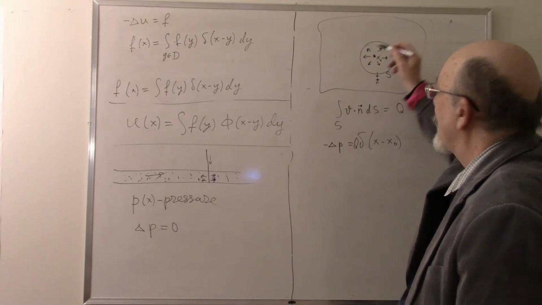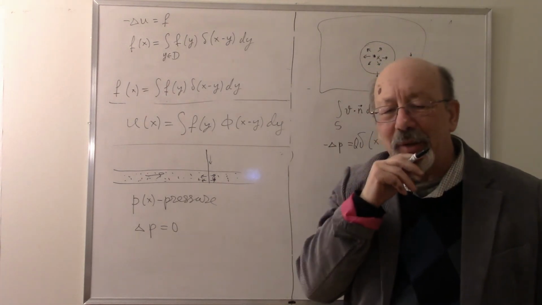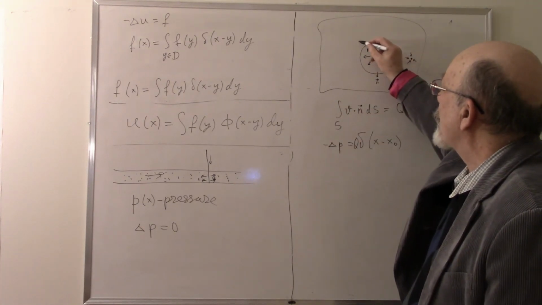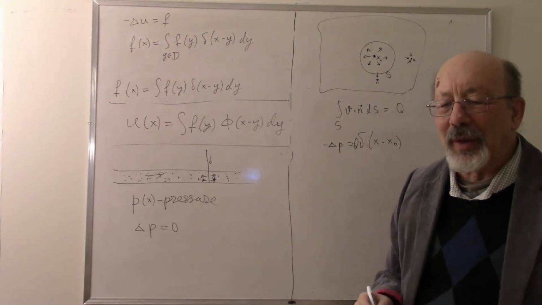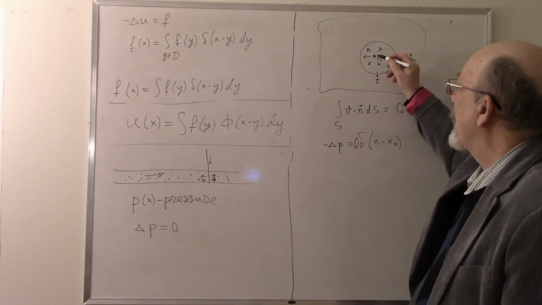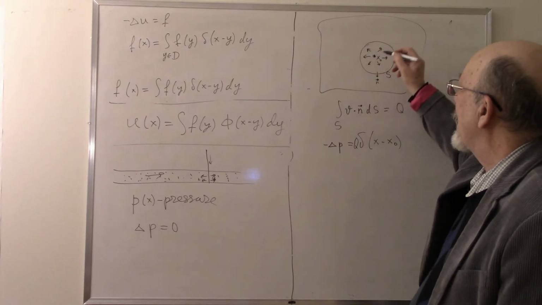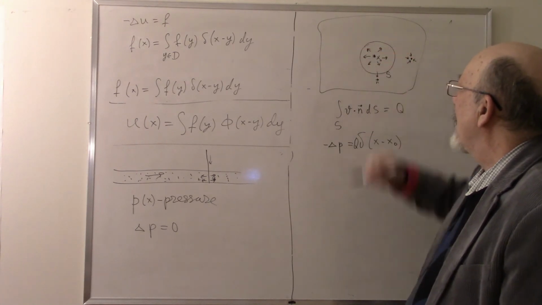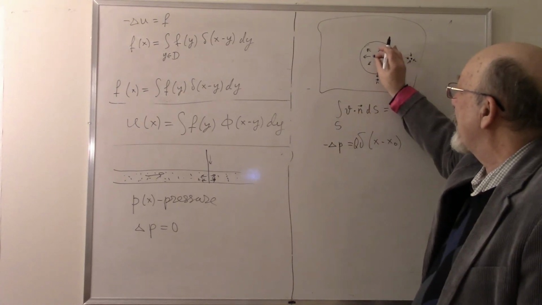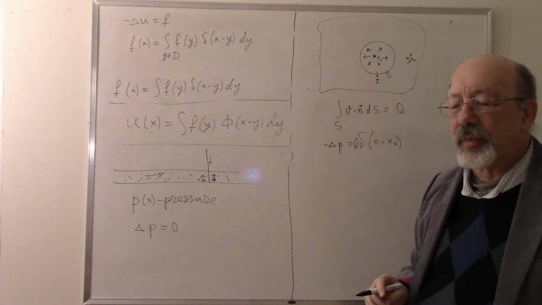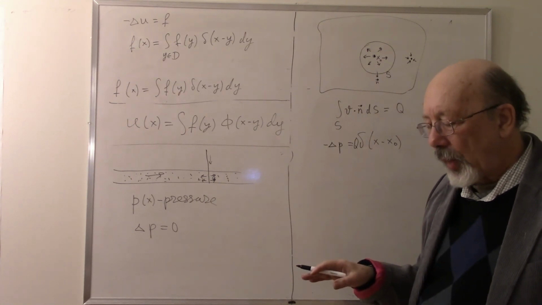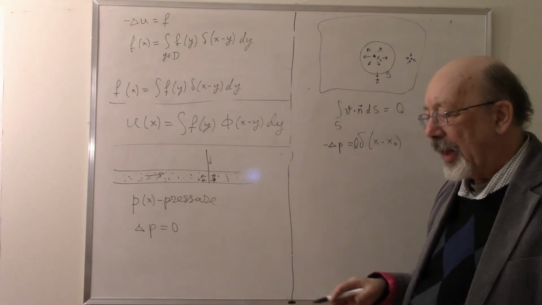Because this flow is incompressible, its velocity is inversely proportional to the distance. And so the pressure behaves like a logarithm, so it increases to infinity as we approach the well, this point x0.